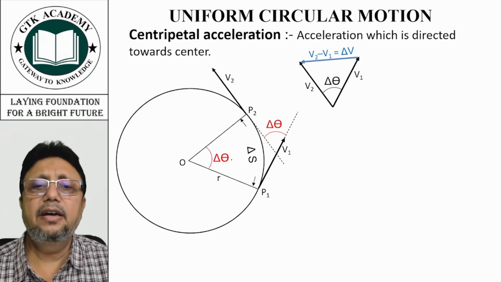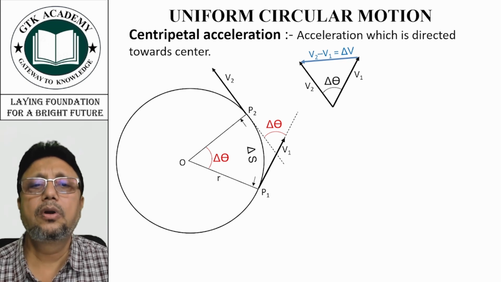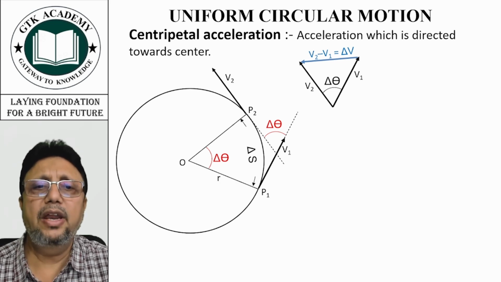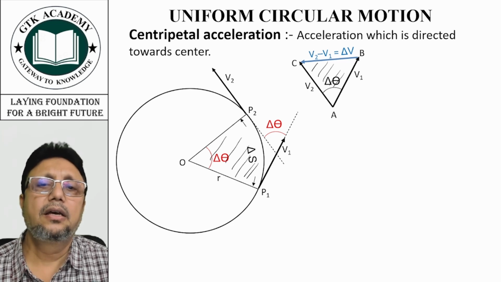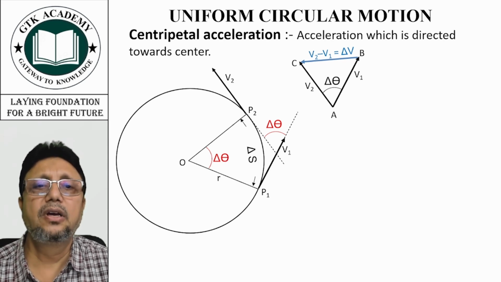Now, here delta theta is quite small, but still it has some value. But if delta theta is extremely small, very, very small, then this triangle and this sector, we can consider them as triangles.